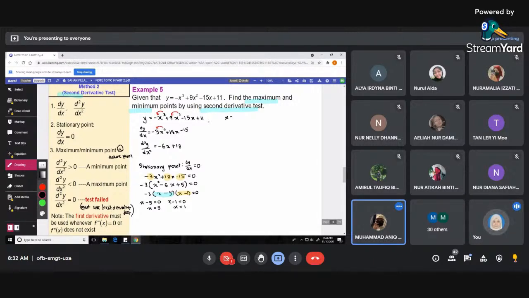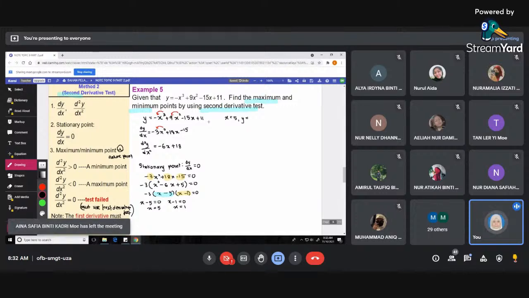Okay. Bila X sama dengan 5, kita kena cari nilai apa? Y. Gantikan X in original Y. Maksud negatif 5 kuasa 3 tambah 9, 5 kuasa 2 tolak 15 darab 5 tambah 11.